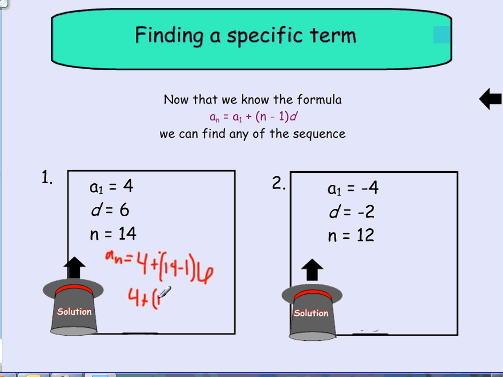So I have 13 times 6. 13 times 6 is 78, plus 4. And my solution should be, dun, dun, dun, dun, 82.